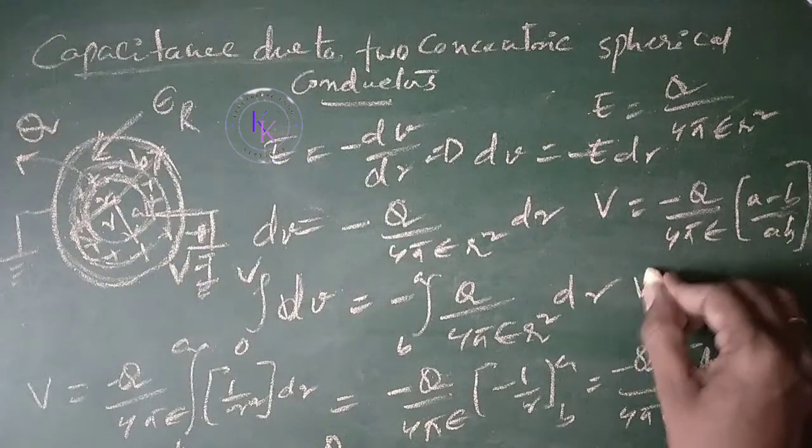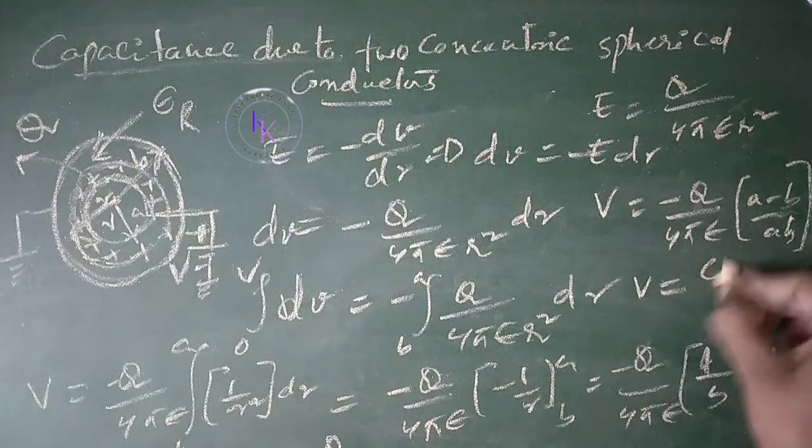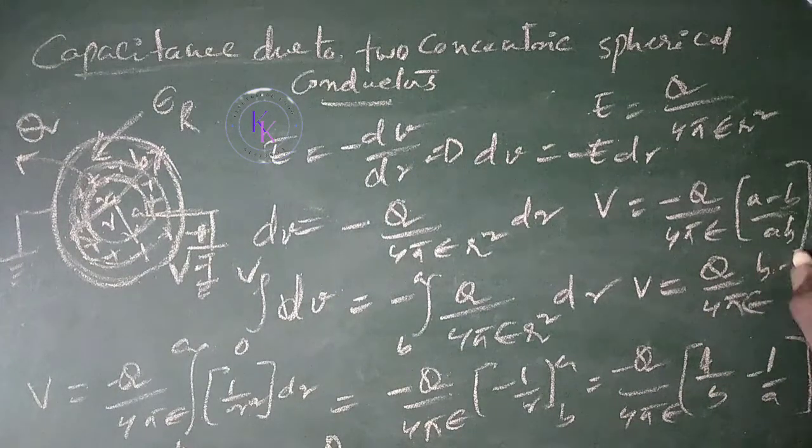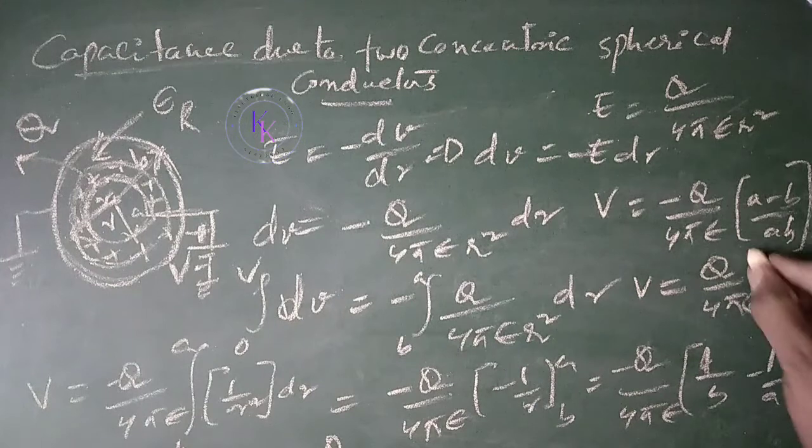Now this can be written as V equals Q by 4 pi epsilon times b minus a by ab.